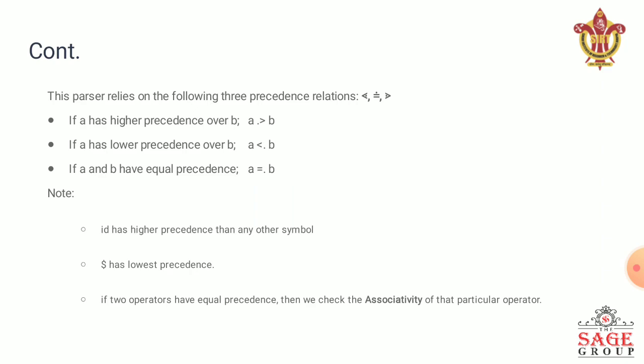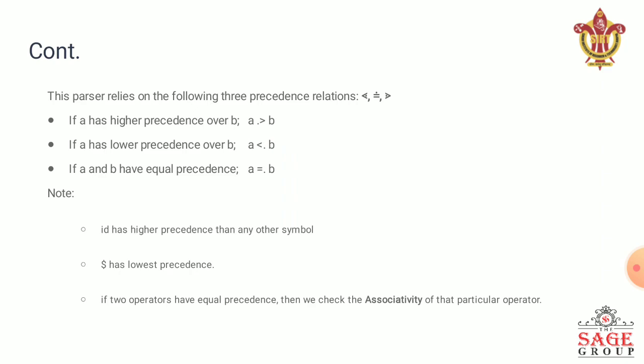These three are also relational operators, but we have used some different notations. We have used a dot here, just to differentiate the normal relational operators and precedence relation between the terminals.